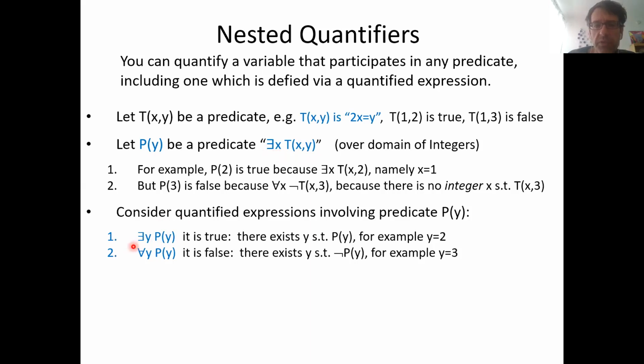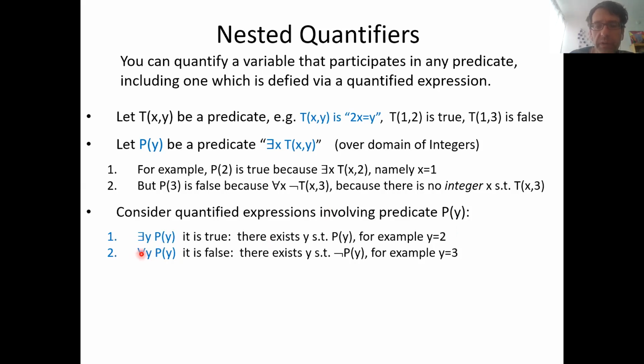Is it true that there exists a y such that y is a double of something? Yes, for example 2 satisfies this, as we argued here. It's not the only case. This statement is also satisfied by, for example, y equals 4. It's also true that 4 is a double of something, it's a double of 2. 10 is a double of something, right? So every even integer is going to be a good example for this statement being true.